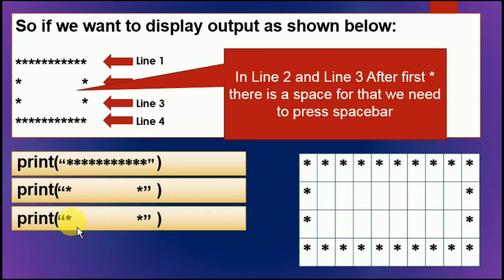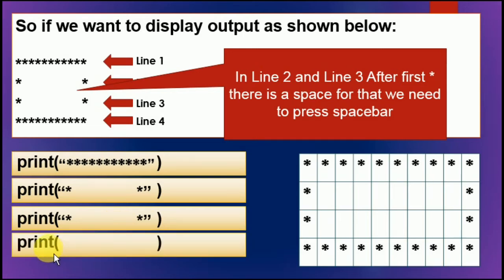Same way in the third line also, first star, then 8 space bars, and then the last star sign again and double quotes close, and then the last line is going to be the star line of 10 stars. So it will display a box like this.